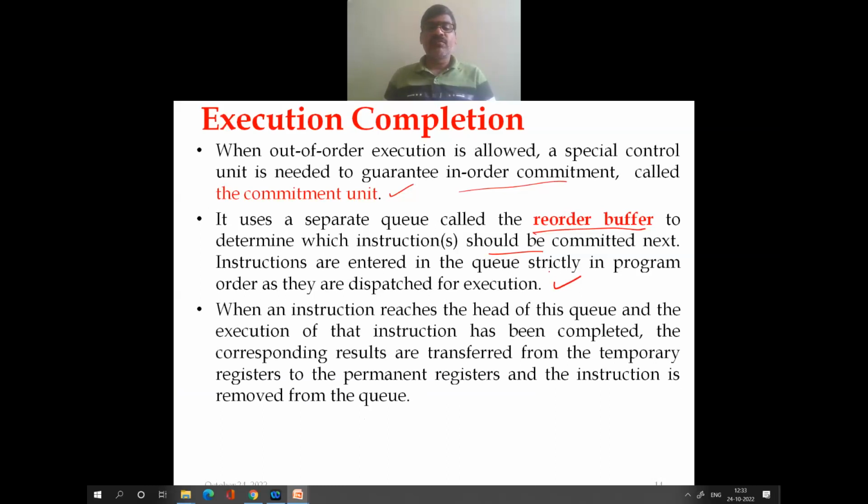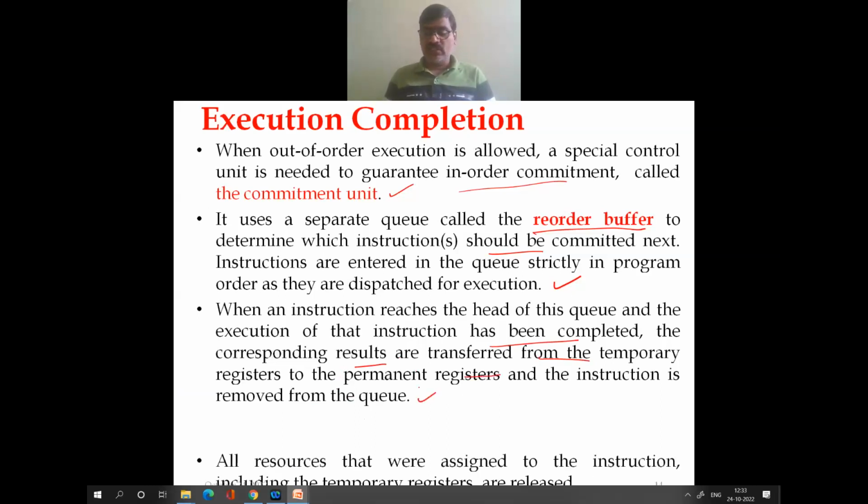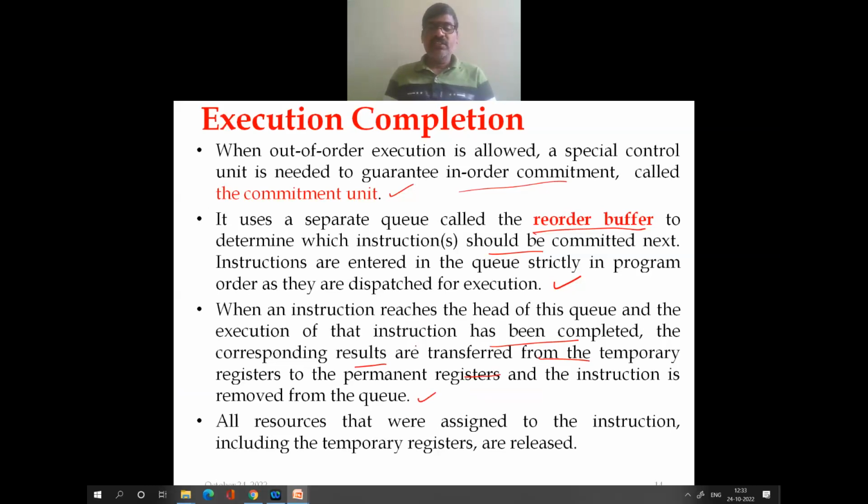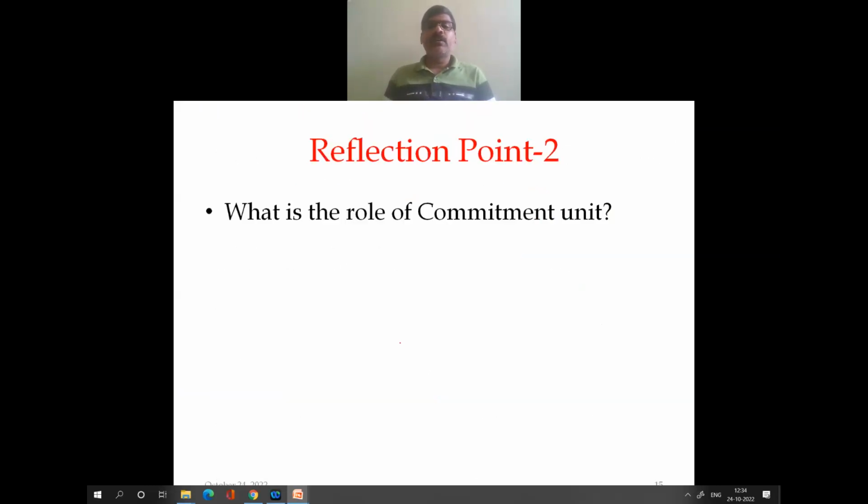When an instruction reaches the head of this queue and its execution has been completed, the corresponding results are transferred from temporary registers to the permanent registers and the instruction is removed from the queue. All resources that were assigned to the instruction, including temporary registers, are released. The instruction is said to have been retired at this point.